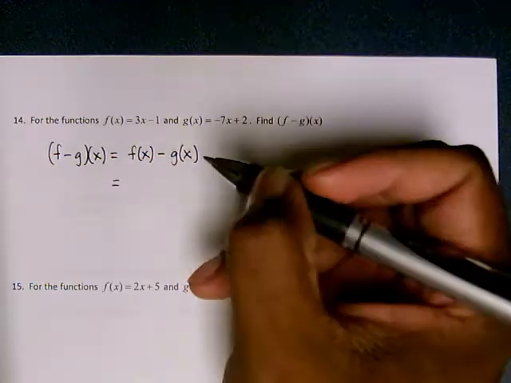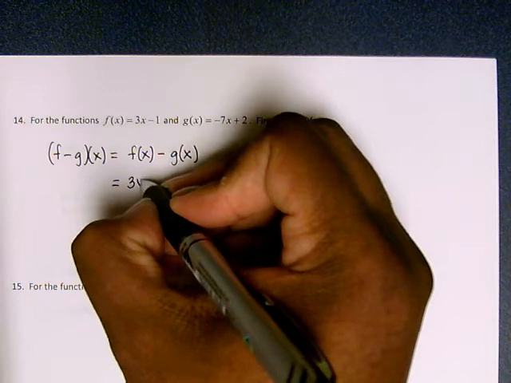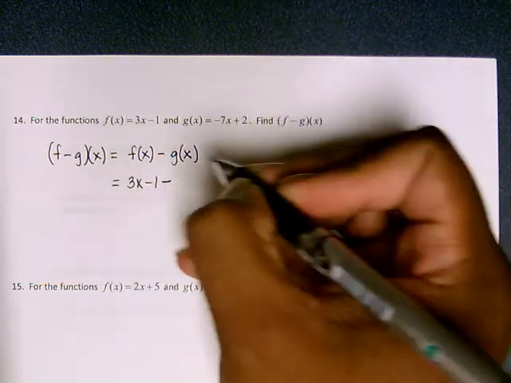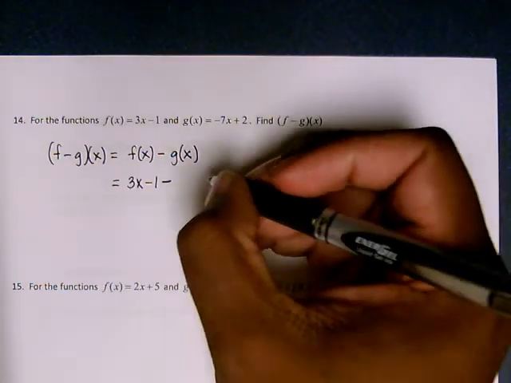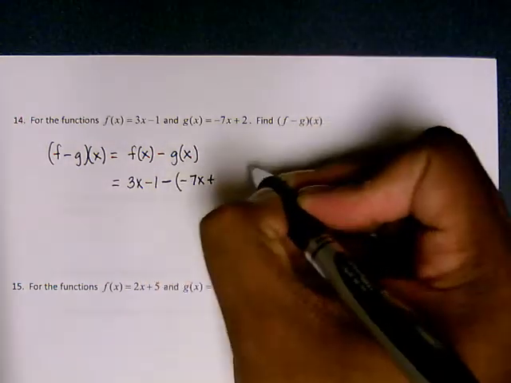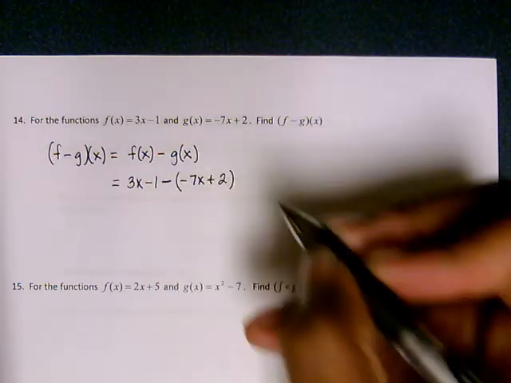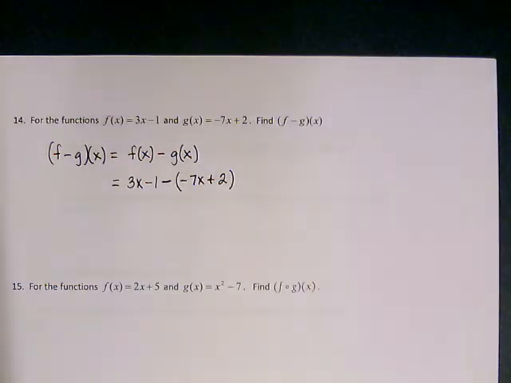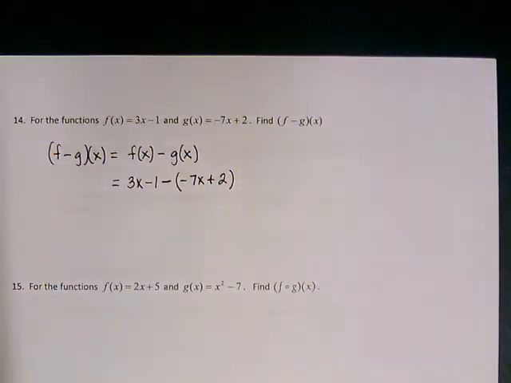My f of x in this case is 3x minus 1. And then minus, my g of x is -7x plus 2. But here, I'm going to put the -7x plus 2 inside the parentheses. That's because I'm subtracting the entire g of x function from f of x.